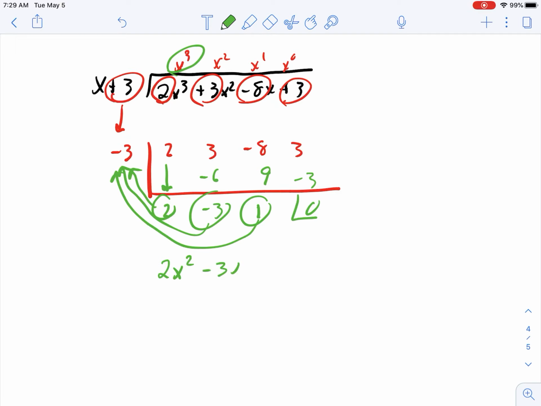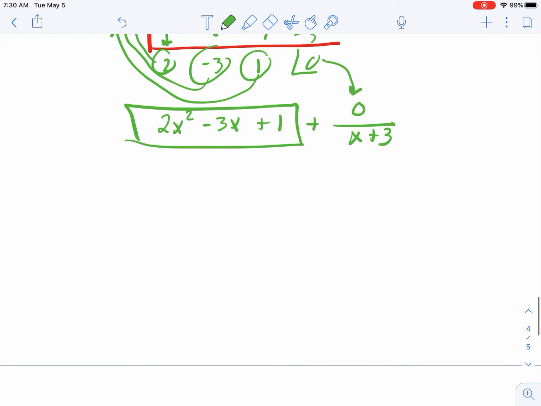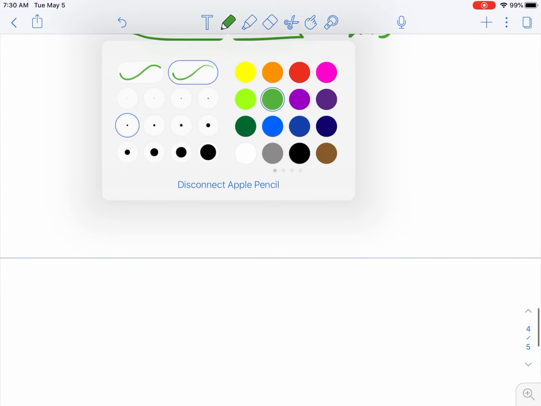So we got 1 less. Minus 3x plus 1. And I said there's no remainder, so we don't have to worry about it. But if there was a number there, we put that number on top of x plus 3. But we don't have to worry about it. Okay? All right, let's try one more, and we'll call it quits after this.